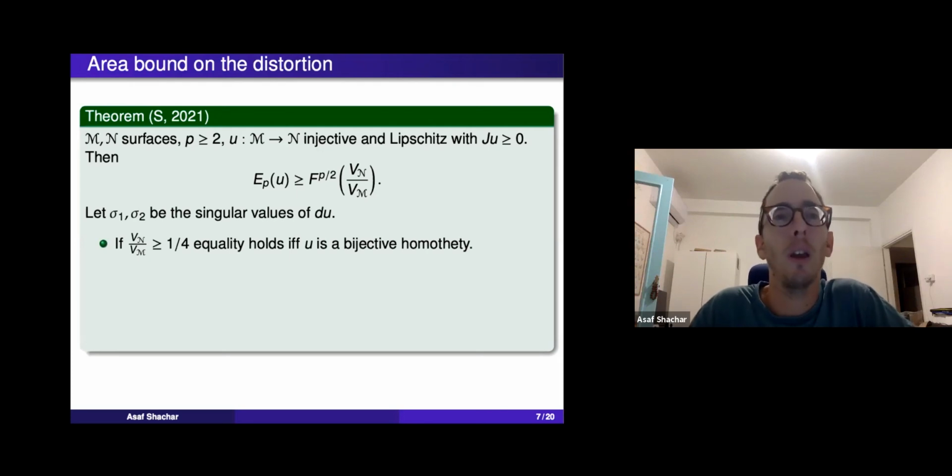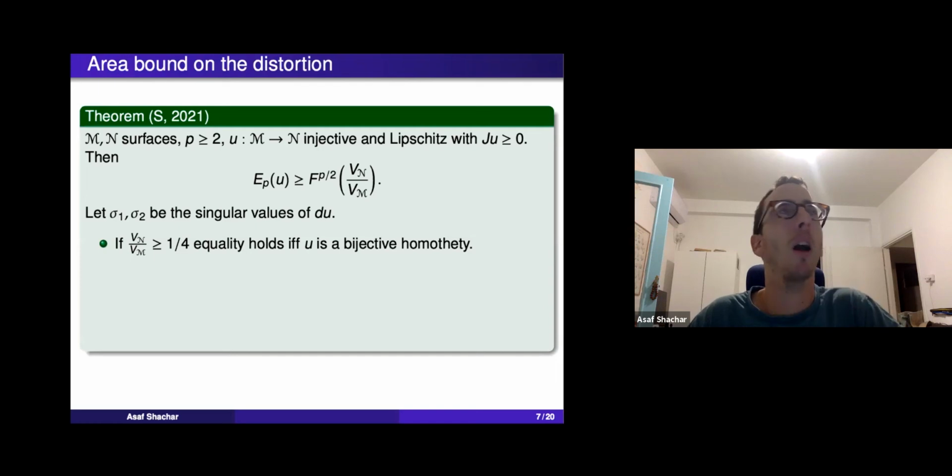So this will be naturally phrased in terms of the singular values of our map, or of the differential, the deformation gradient, Du, W, whatever you want to call it. So here's the characterization. If the ratio of areas is greater or equal than quarter, then it turns out that the lower bound becomes an equality if and only if U is a bijective homothety.